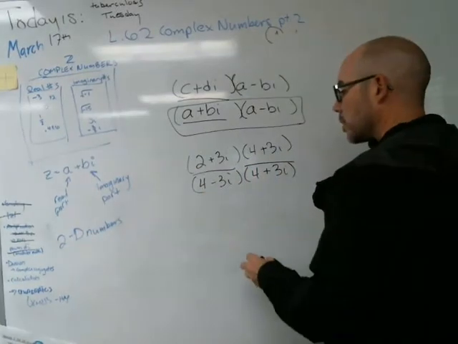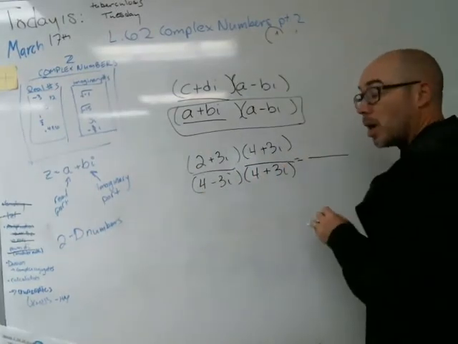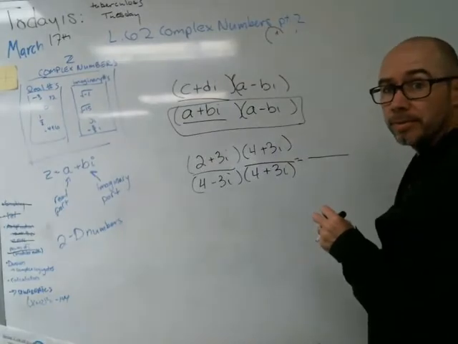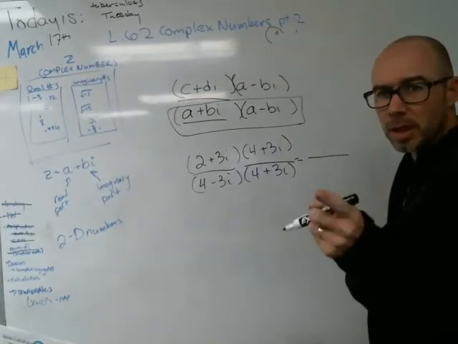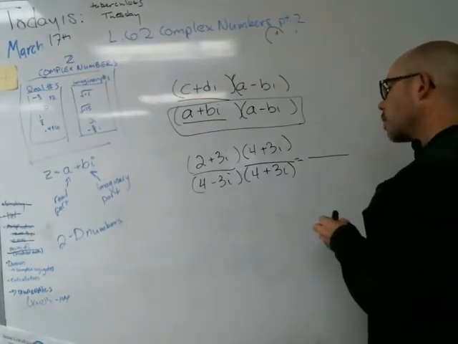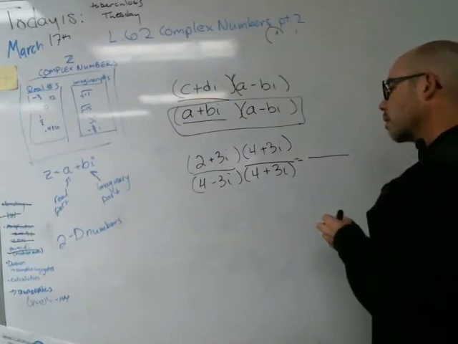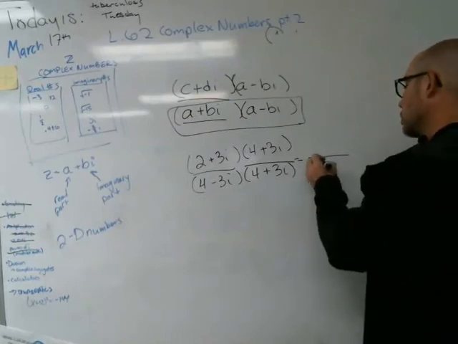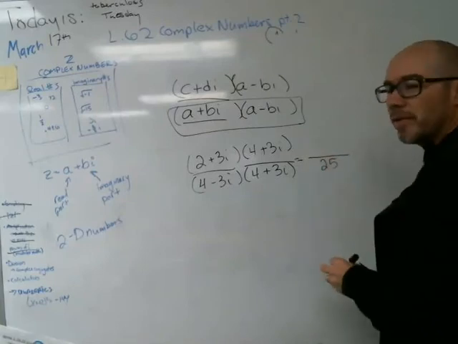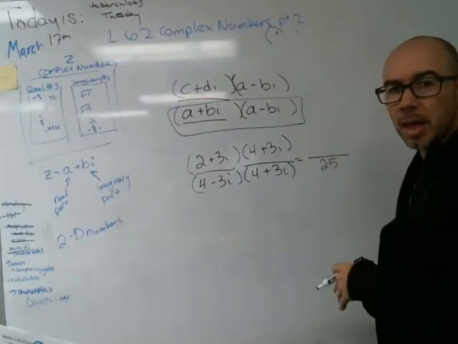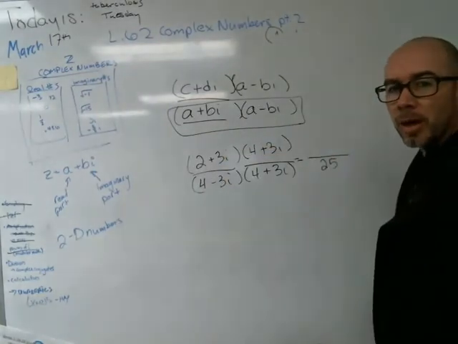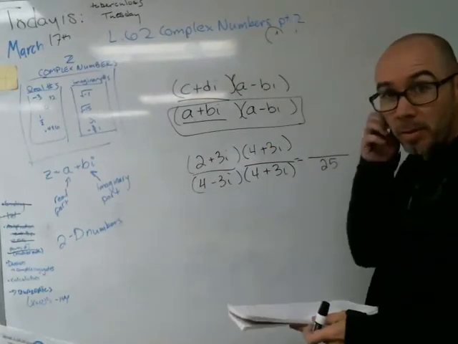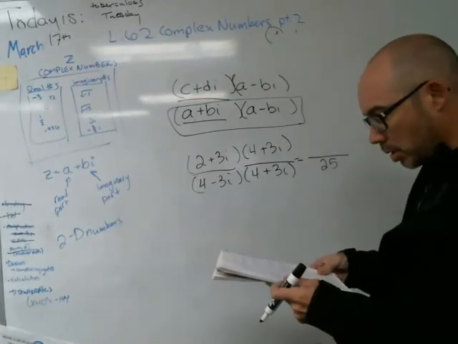It's going to be a squared plus b squared. 4 squared plus 3 squared. That kind of looks familiar, right? We saw it in the modulus problem. 4 squared is 16. 3 squared is 9. We get a number down here of 25 without any i's on it. And then we just do the top, and we got a fraction with a real number in the bottom rather than a complex number in the bottom.